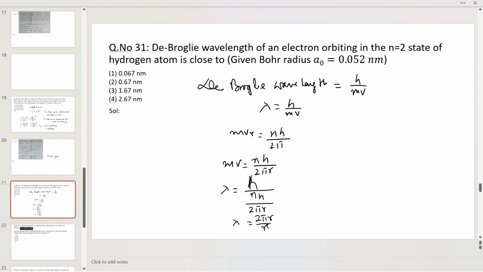We know that n is equal to 2, so 2 by 2 means 1, so lambda will be pi r.